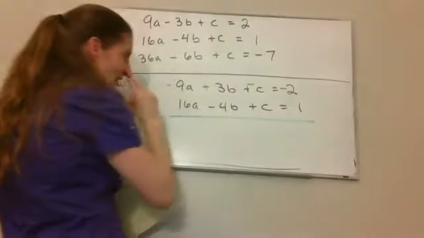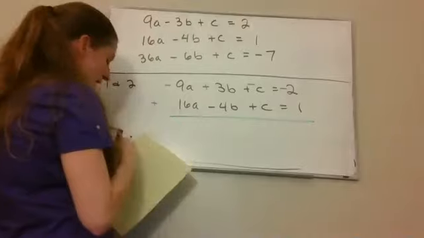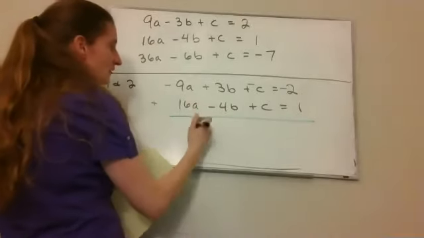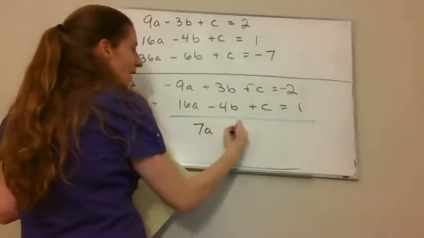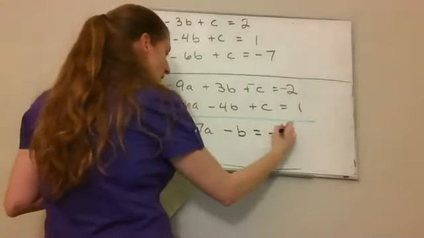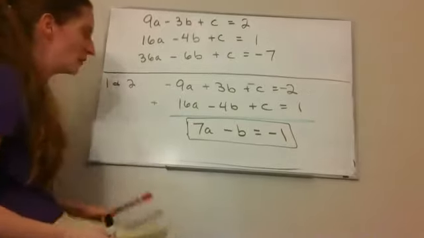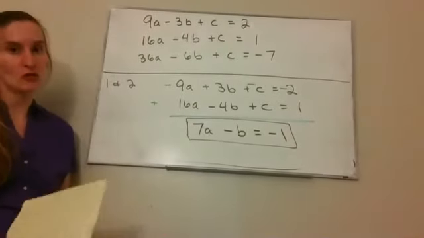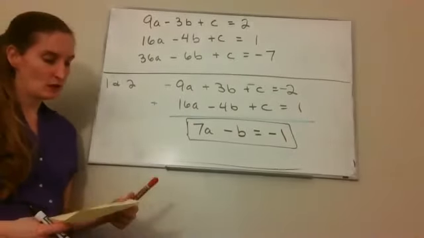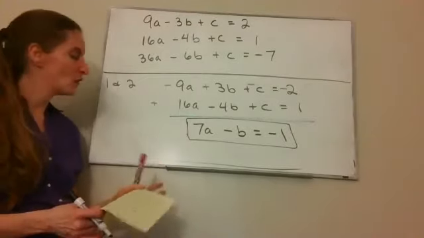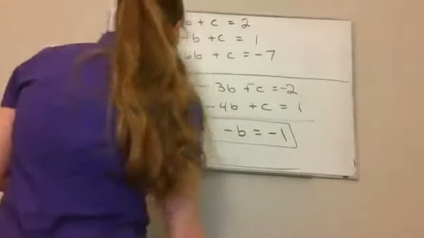Now when I add these equations together, I'm going to get 7a minus b equals -1. And that is going to be one of my equations with 2 variables. Now let's do the same thing, but I'm going to use equations 2 and 3 this time.